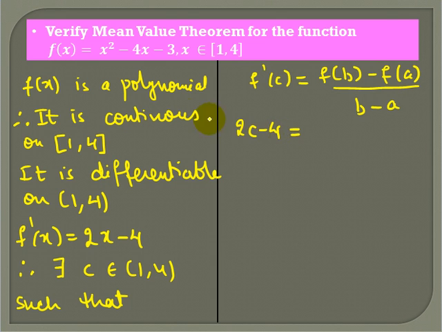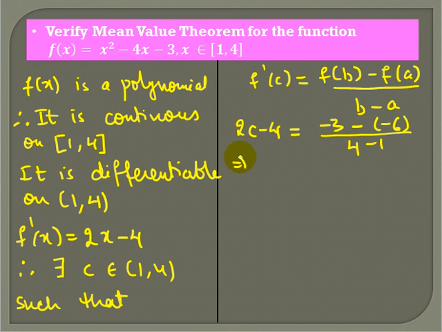You can see that for finding f(b) we can replace x by 4. So when you will be solving for it, if I replace this by 4 we get 16, and this also becomes 16. So 16 minus 16 gives us 0, and we are left with minus 3. So f(b) is minus 3. Then moving on to f(a), a is 1. So 1 minus 4, that comes out to be minus 3 and also minus 3. So minus 6. f(b) minus f(a) over b minus a.